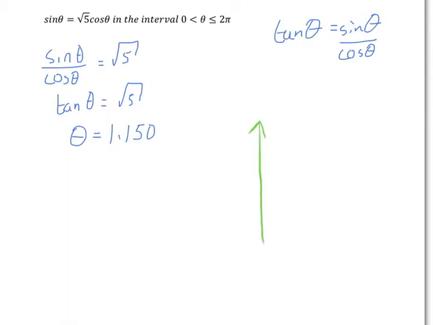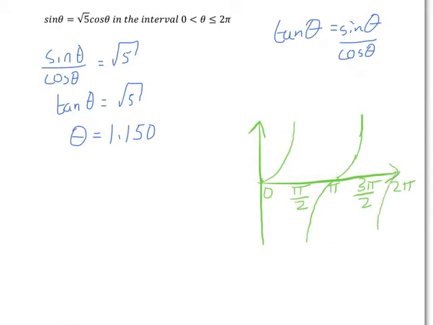Now yet again, the easiest way to do this is to sketch yourself the tan curve between 0 and 2 pi. Now it starts off at 0 and flies up. It doesn't get to pi over 2 because you can't do tan of pi over 2. And it flips here, going through tan of pi is 0, and again here.